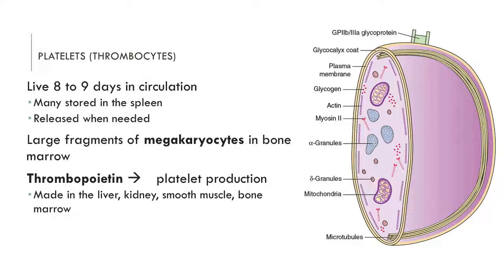They are the large fragments of megakaryocytes in the bone marrow stimulated by thrombopoietin that results in platelet production, and the platelet productions are made in the liver, the kidney, the smooth muscle, and the bone marrow. And of course, here's a little picture off to the side of what's involved inside of a platelet if you were to open it up.